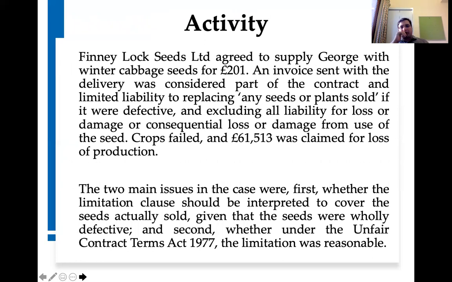So here are the facts of one case in order for us to understand what is reasonableness and how it is applied. Finlock Seeds Limited agreed to supply George with winter couch seeds for £201.